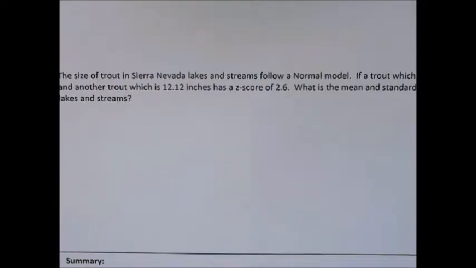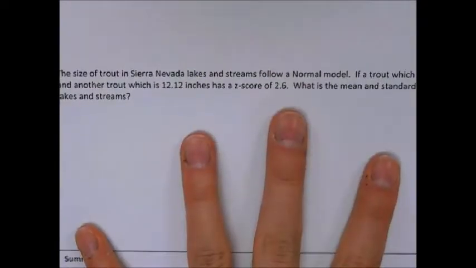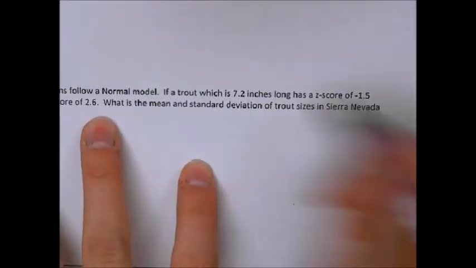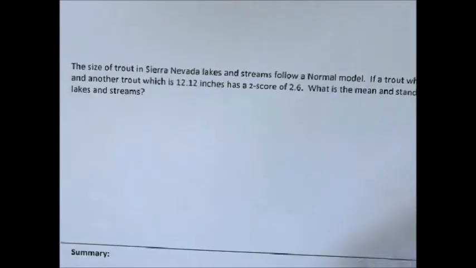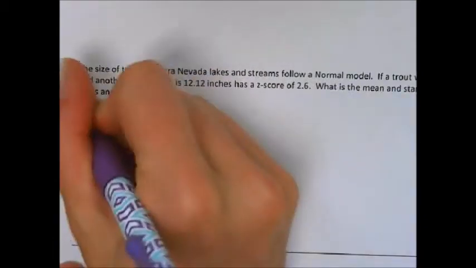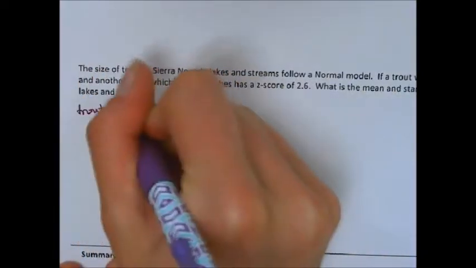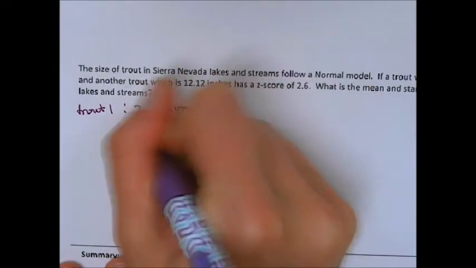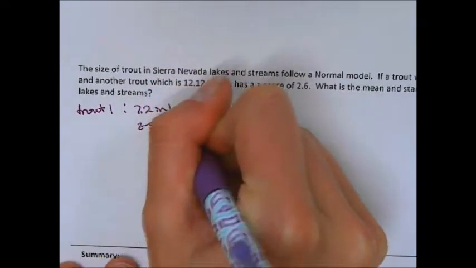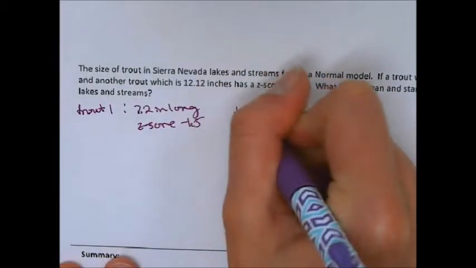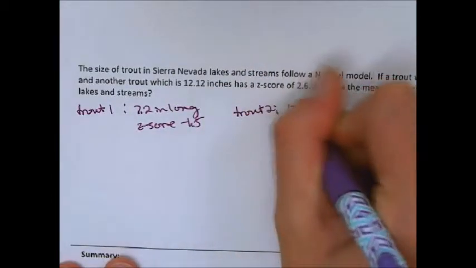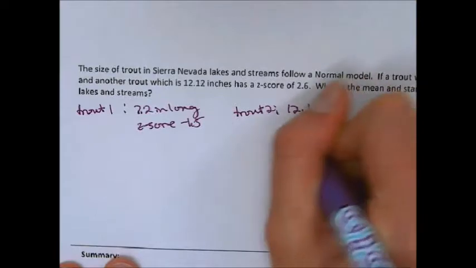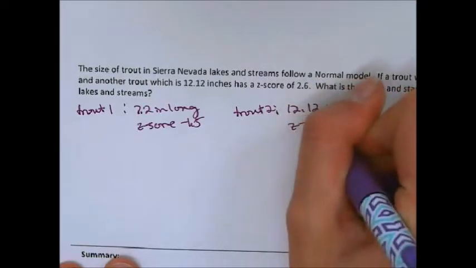For our last example, we're looking at the size of trout in Sierra Nevada lakes. So we have a trout that is 7.2 inches long and a z-score of negative 1.5. And then I have a trout that's 12.12 inches long and has a z-score of 2.6.